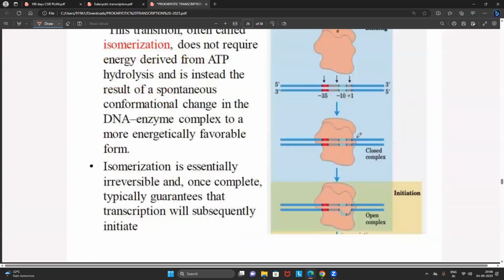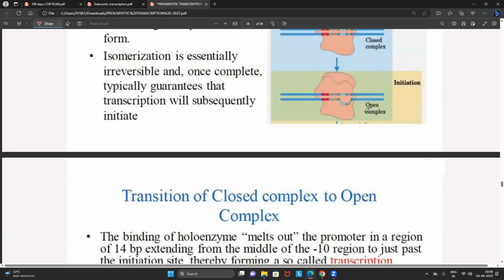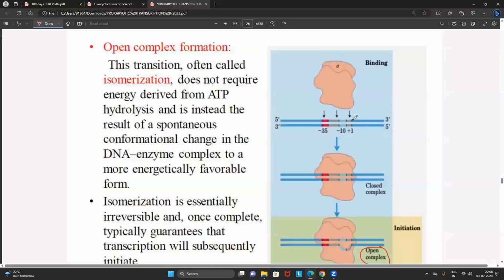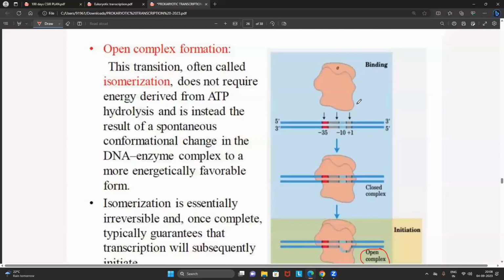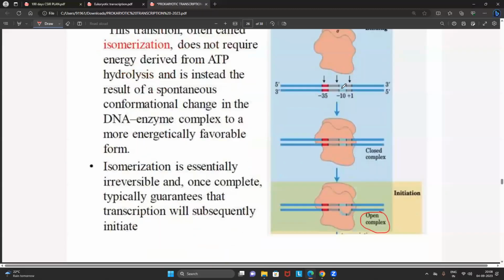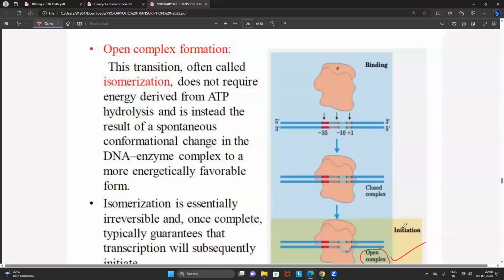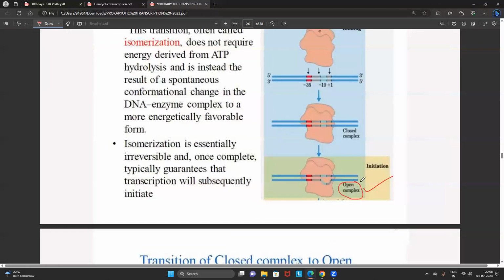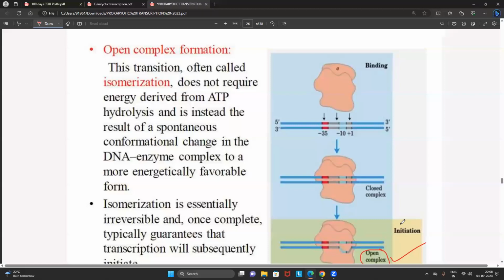Now, what's the interesting point? Now, the question is very clear. How can the closed complex be converted into the open complex? Most of the students will think that in order to convert the closed complex to the open complex, there is a requirement of an abundant amount of energy. But all the students remember my words very correctly without confusion.